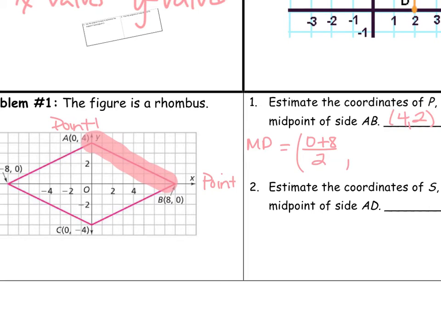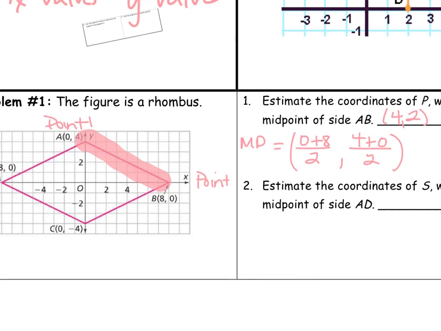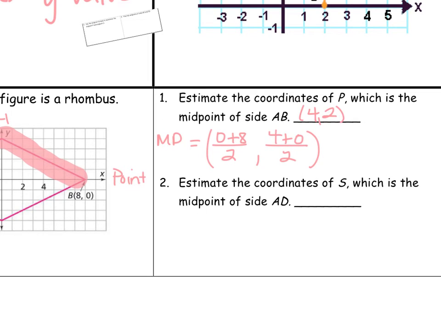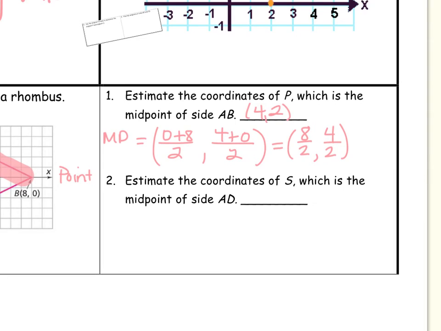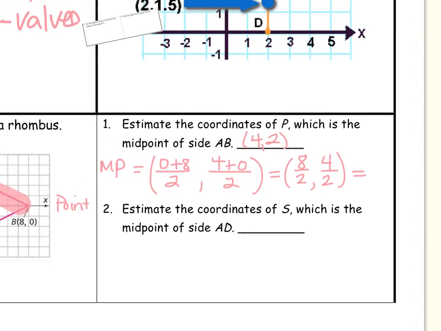And our y coordinate is going to be our y1, which is 4, plus our y2, which is 0, divided by 2. So for our x-coordinate, we get 8 divided by 2. For our y-coordinate, we get 4 divided by 2. When we simplify that further, the midpoint is 4, 2.